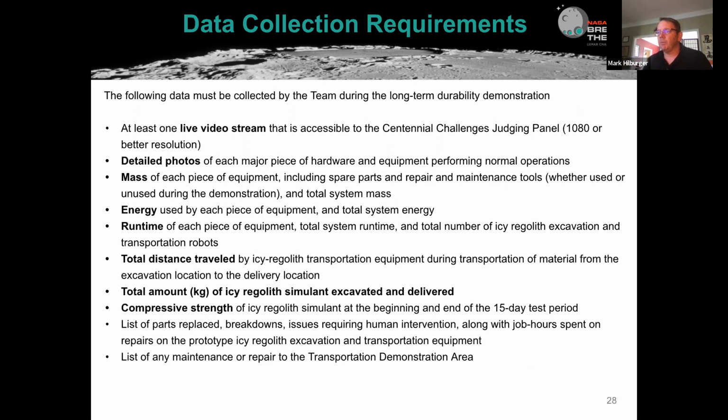Also provide us with a list of parts that were replaced, any breakdowns that you had, any issues that required human intervention, along with the amount of time spent on repairing the excavation and transportation equipment. Also, finally, list any maintenance or repair of the transportation demonstration area.